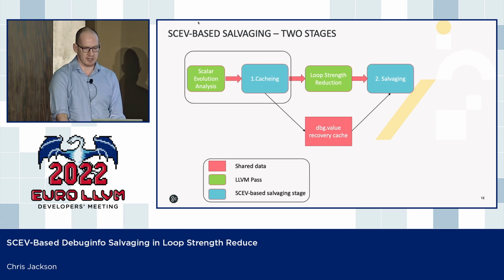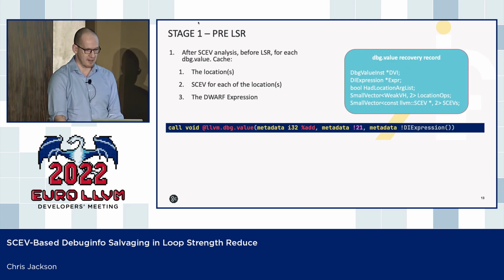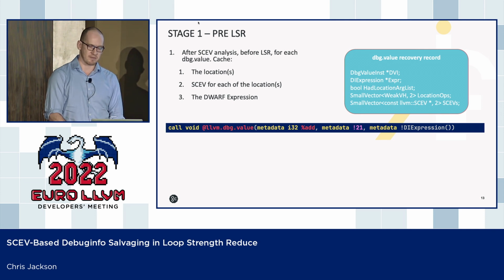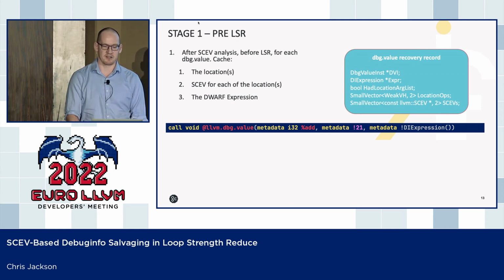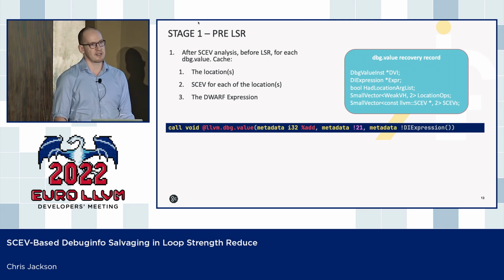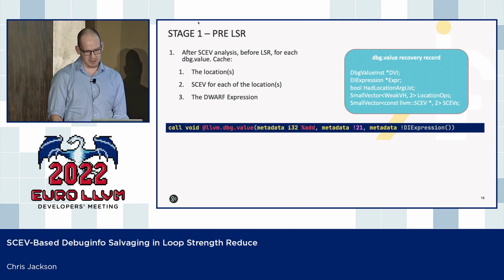So stage 1 takes place after scalar evolution analysis, and we'll just have a quick look. The first stage caches information on each debug.value in the loop body. If after LSR has run these debug.value contain undef locations, then we'll try and use the salvaging methods to salvage them.